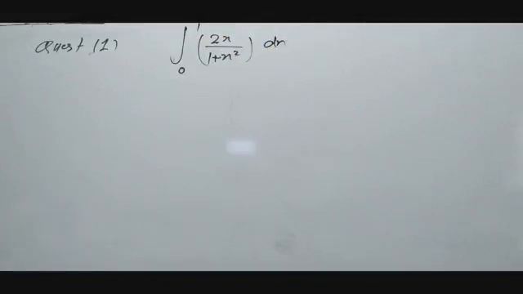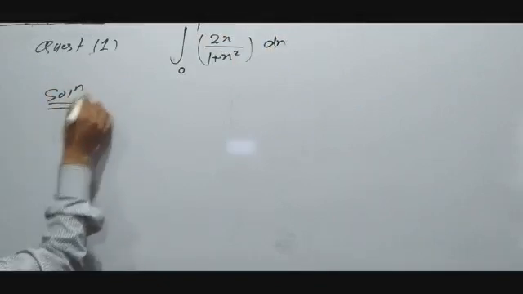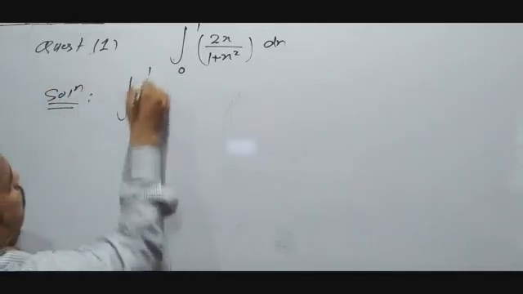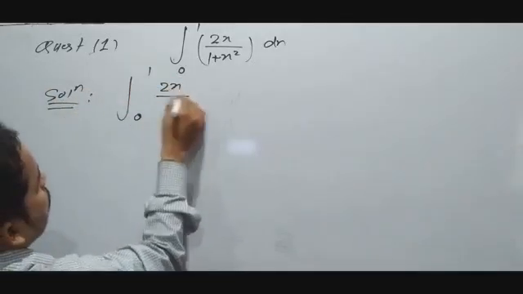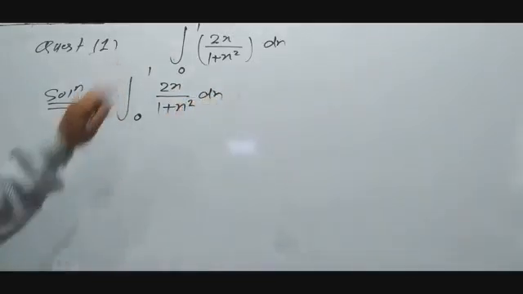In this question, first of all you will consider the given function 2x upon 1 plus x square dx. We have to integrate from 0 to 1.